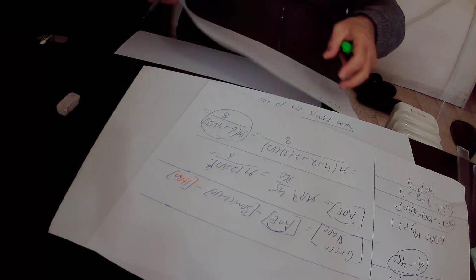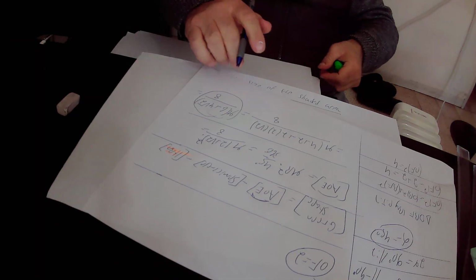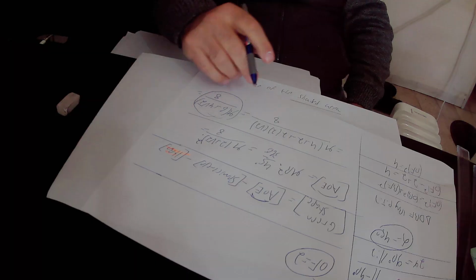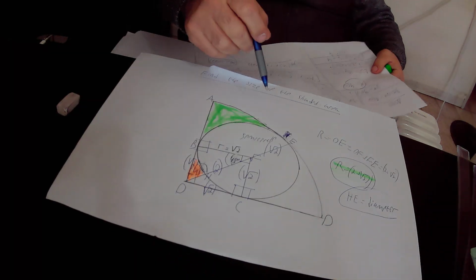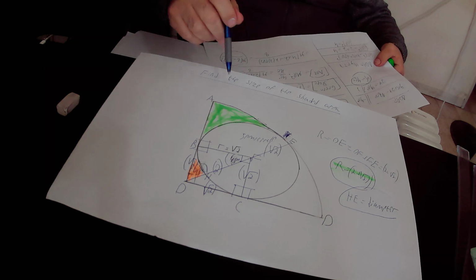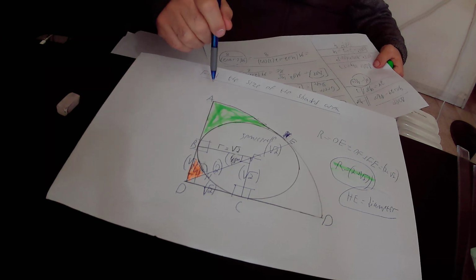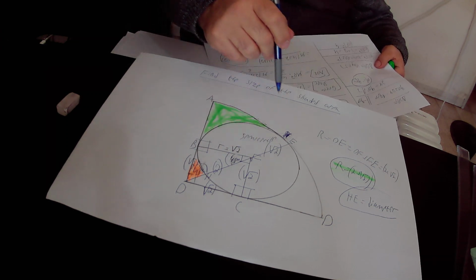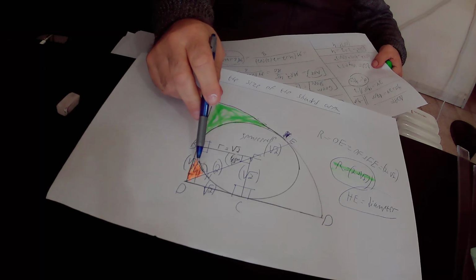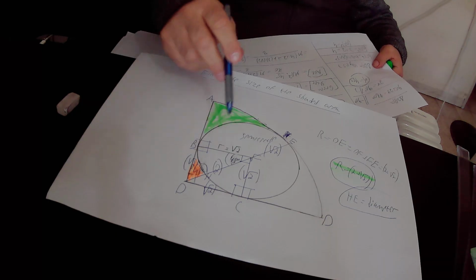In the next step, we'll find out the area of the small semicircle. I remind you that the area of the green shape in total equals the area of sector AOE minus the area of this small semicircle minus the area of this orange shape BHO.